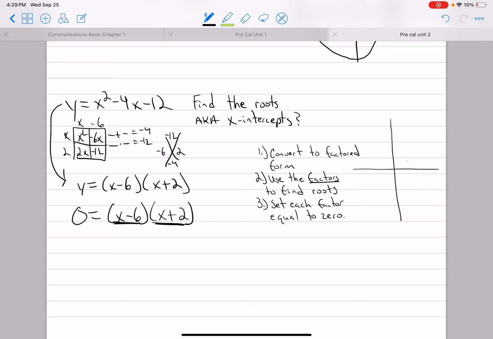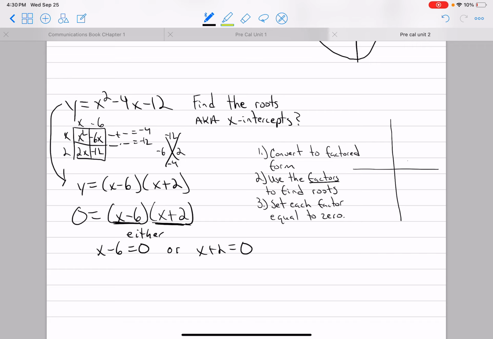This number and this number. Those two numbers together multiplied equals 0. Well, the only way for that to work is either x minus 6 has to equal 0 or x plus 2 has to equal 0.